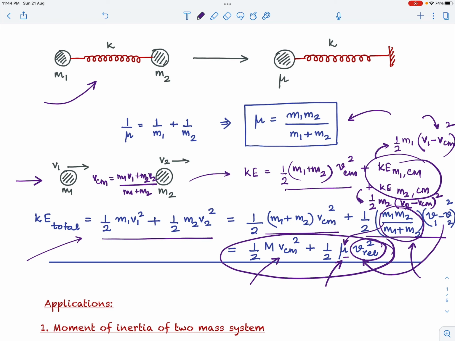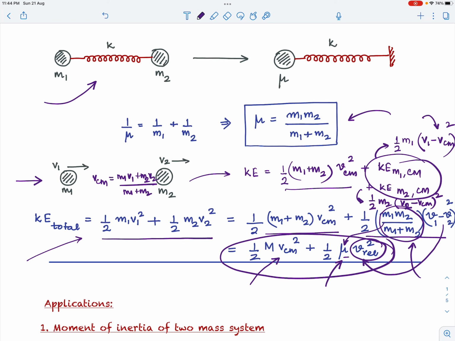The very first application of a reduced mass system is in finding the moment of inertia of a two mass system about an axis which passes through the center of mass. Here we have drawn the figure. There are two masses separated by a distance r, and the moment of inertia of this system about an axis passing through the center of mass will be, by definition, m1 r1 squared plus m2 r2 squared, where you know how r1 and r2 are related to R, the total distance between them.